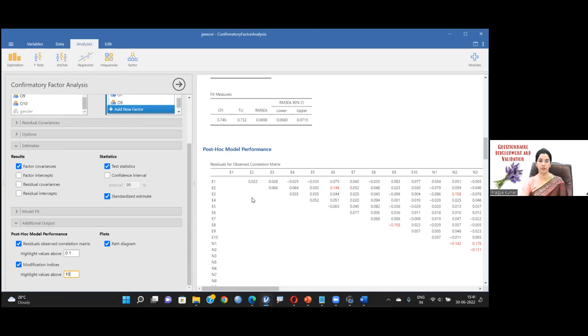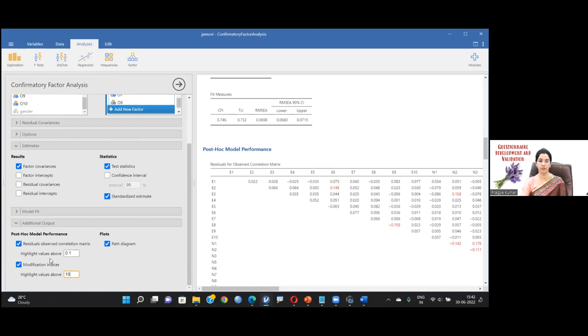Similarly, here in this correlation matrix, there are some observed correlations, and based on the model, this software will project its correlation. So there will be an expected correlation. The difference of the expected and observed should actually be 0, but we take it up to 0.1. So if the difference between the observed and expected is more than 0.1, I have given it a command that it will show you in the matrix.